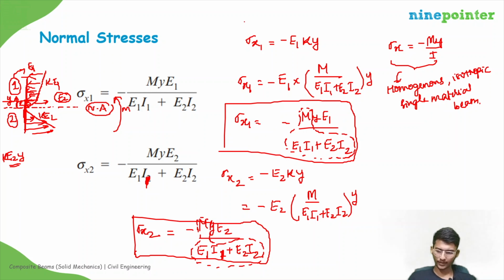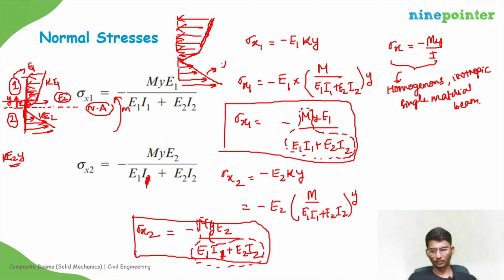So the diagram will look something like this. Here it is compression, here it is also compression, and here it is tension. And this is given by sigma 2 is equal to minus kappa into E2 y. This is given by sigma 1 is equal to minus kappa into E1 y.